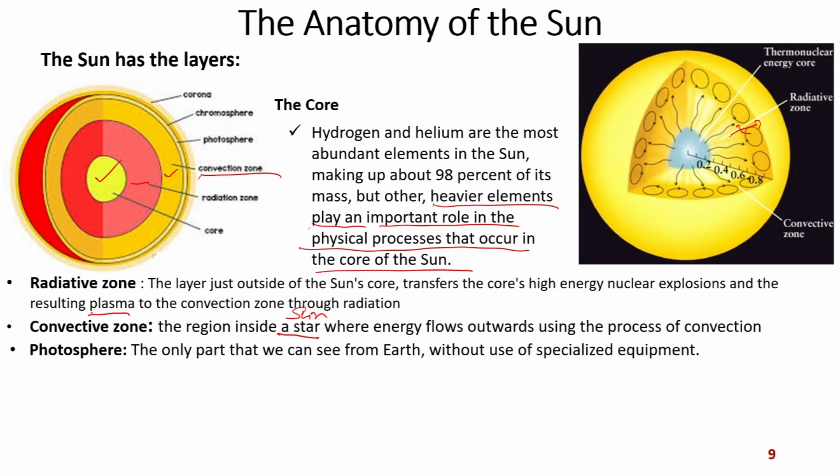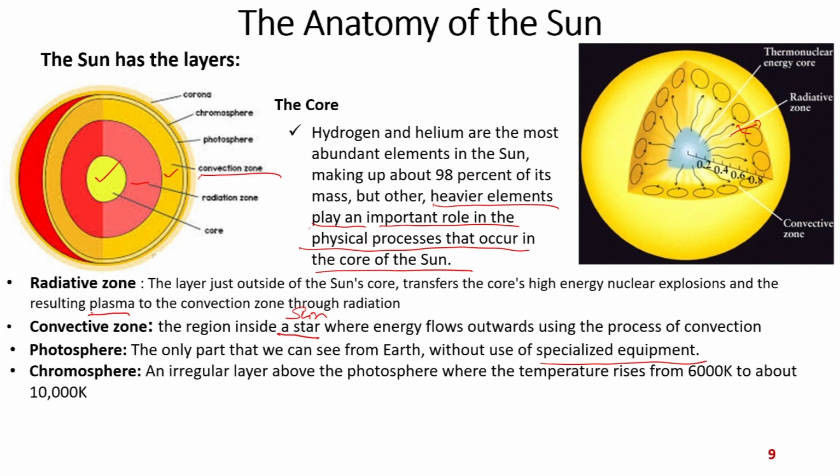Then the next layer, which we can see, is the only part which you can see from the earth without the use of any specialized equipment. All these visible lights come from the photosphere. So, we can see it even with our bare eye. Then the next layer is the chromosphere.